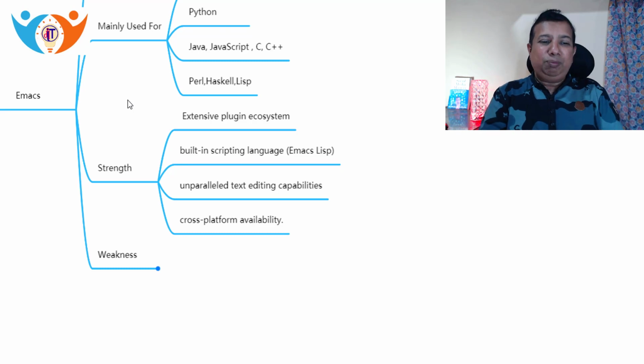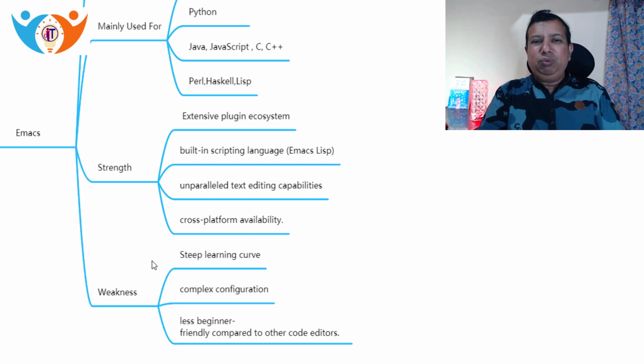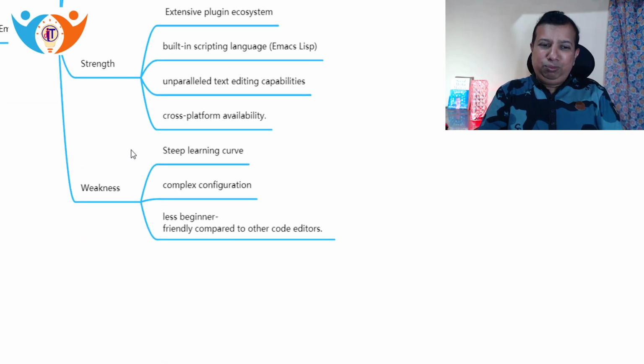The weakness of Emacs is that it is hard to learn. We have to learn too many things to work with Emacs, and it is very complicated to configure also. For a beginner, it will be very difficult because it is not friendly for a new person to start with.